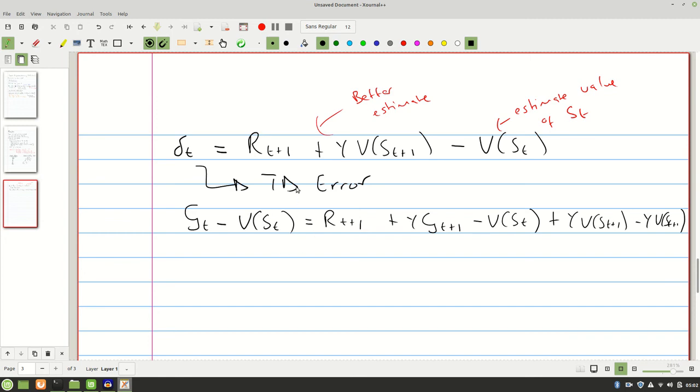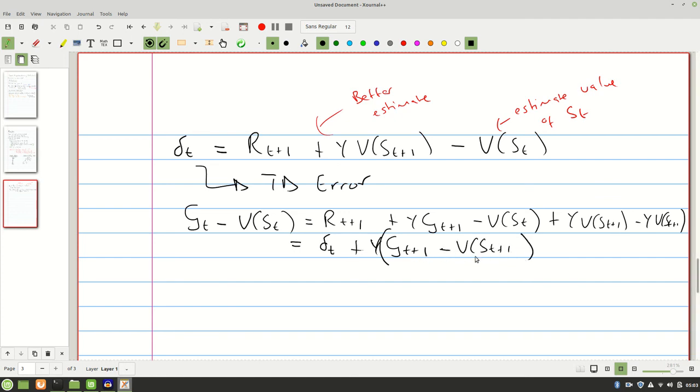So R t plus 1 plus gamma V S t plus 1 minus V S t, we had called this delta t. So this is equal to delta at time step t, plus gamma G t plus 1 minus V S t plus 1.